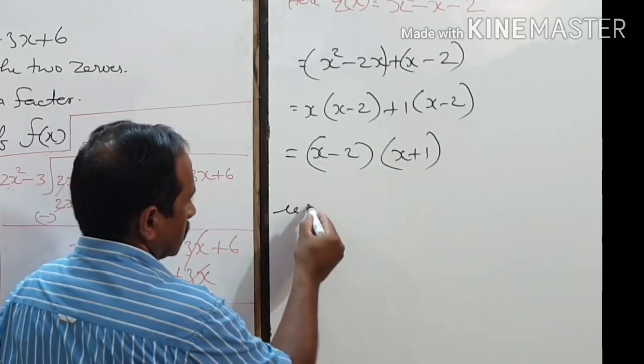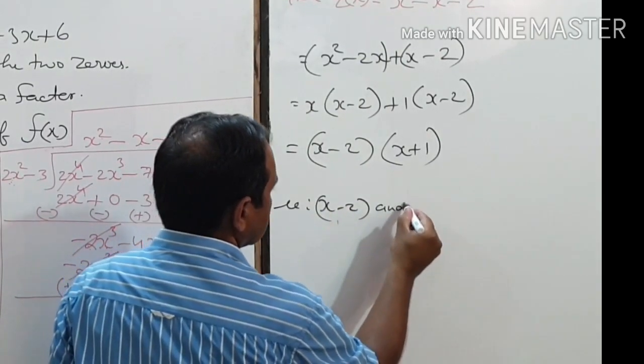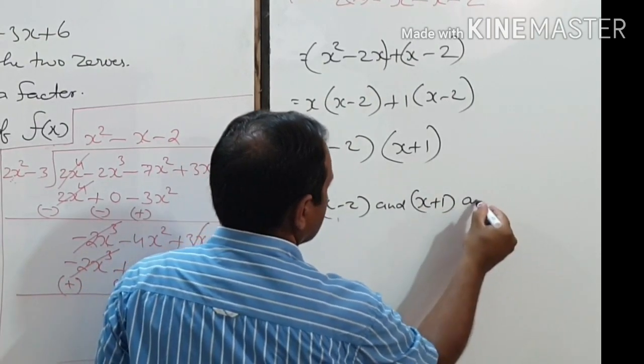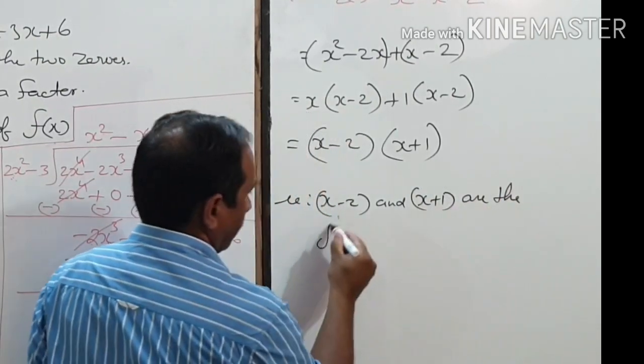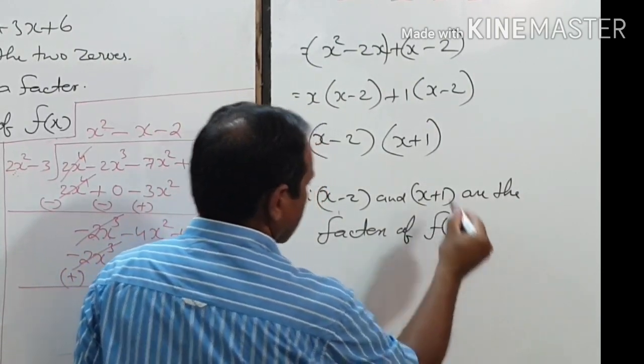That is, x minus 2 and x plus 1 are the factors of f of x.